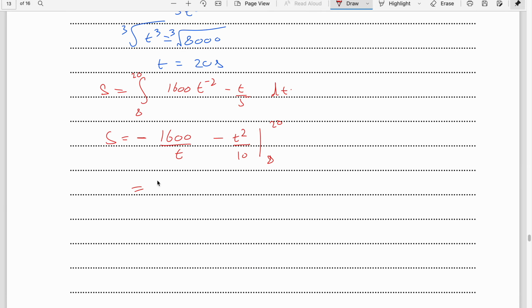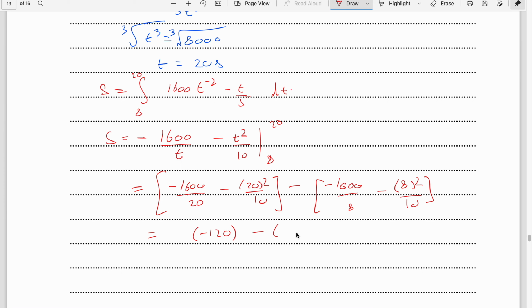Plug in the values: minus 1600 over 20 minus 20 squared by 10, minus, on the other side, minus 1600 over 8 minus 8 squared divided by 10. Simplify both, you get negative 120 on this side minus negative 206.4 on the other side. So 206.4 minus 120 is 86.4.